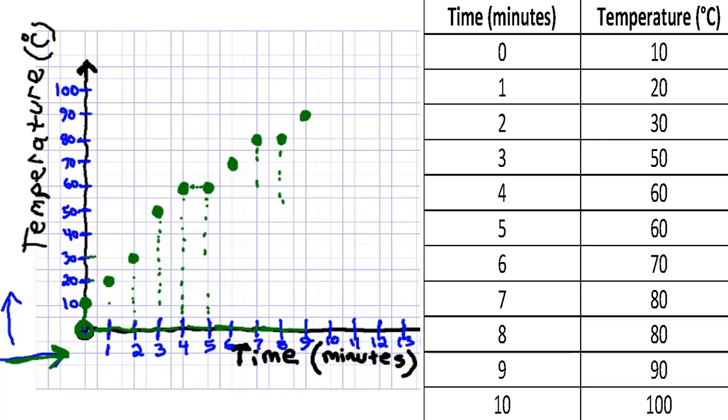And then finally on our values, at 10 minutes, the temperature is going to reach 100 degrees Celsius. So we go over to 10 minutes on our timeline and all the way up to 100 degrees Celsius. Because see, if you look over, this is on the same line as 100 degrees.